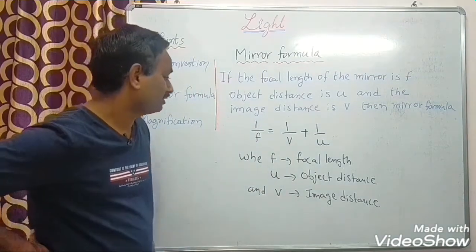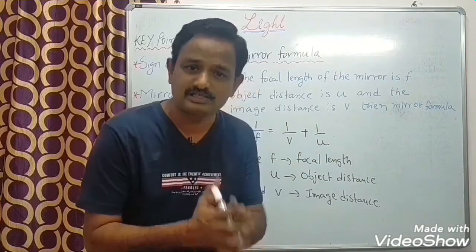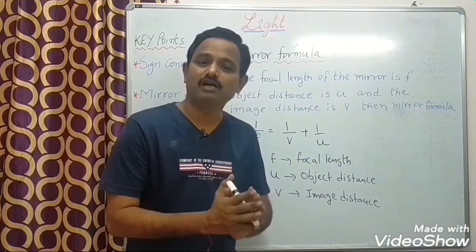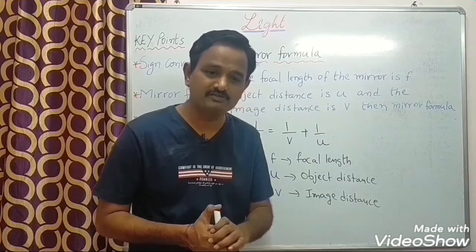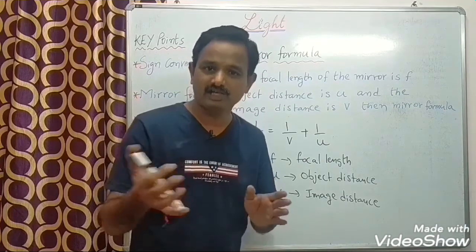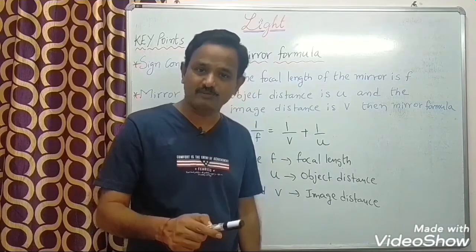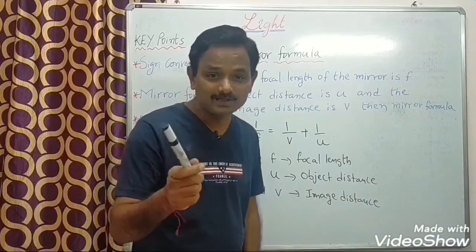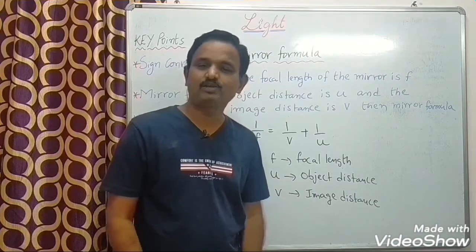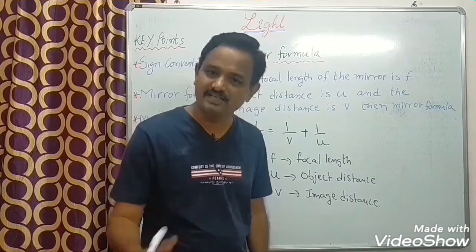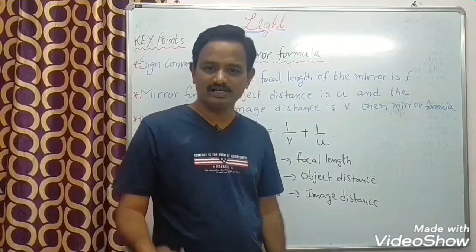Here, object distance is always negative. Why? Because object distance is always taken in front of the mirror. That means the object is always placed in front of the mirror, that is, parallel to the negative x-axis. So object distance is always negative. Image distance may be positive or negative.